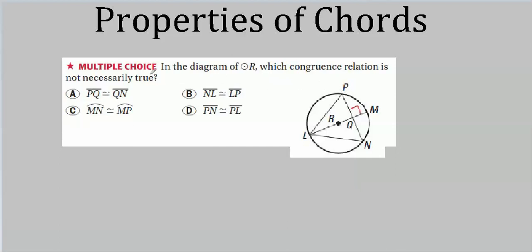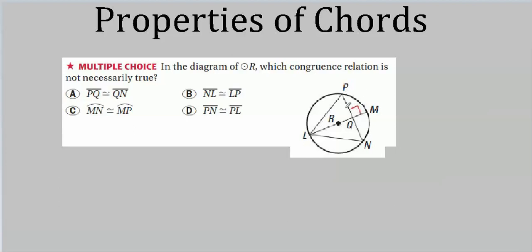And the question is, anyway, which congruence relation is not necessarily true? Well, if we can steady the ship and avoid getting seasick while we look at this diagram here, I would say, see, PQ and QN. Well, we have a diameter here, perpendicular to the chord, so it bisects it.